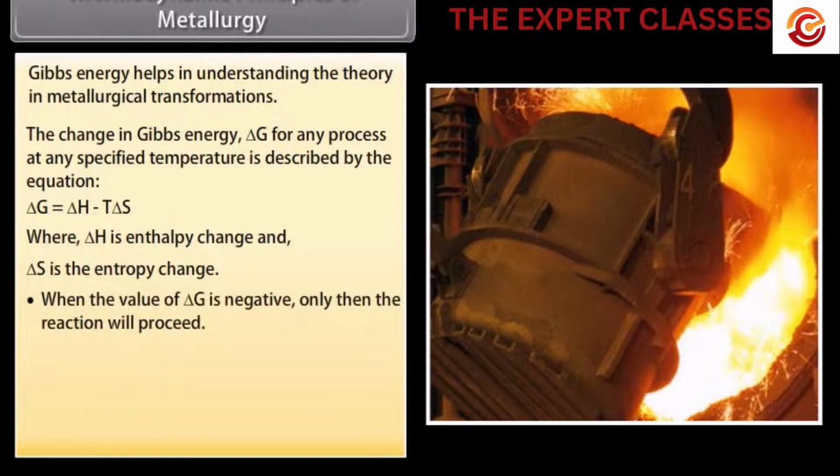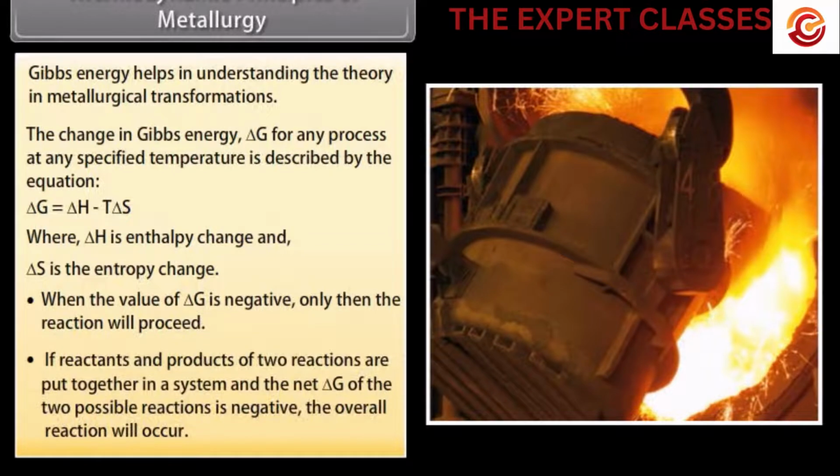When the value of delta G is negative, only then the reaction will proceed. If reactants and products of two reactions are put together in a system and the net delta G of the two possible reactions is negative, the overall reaction will occur.